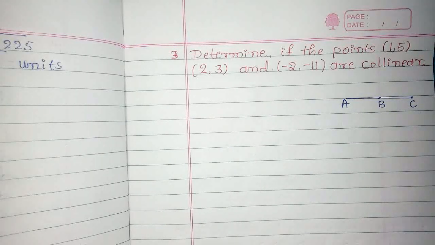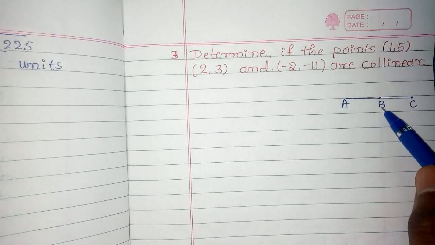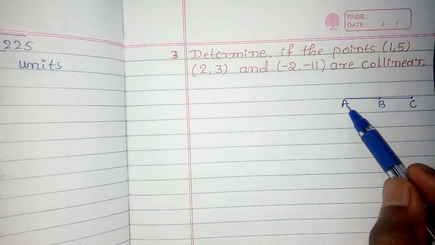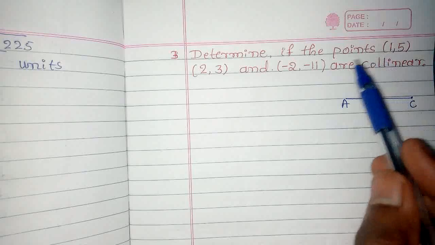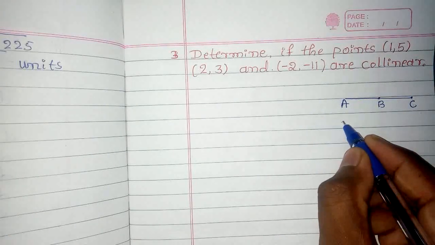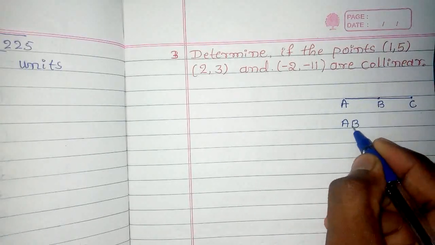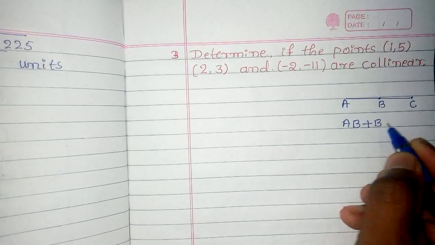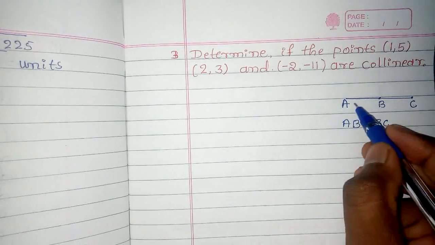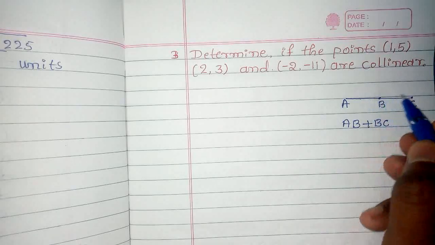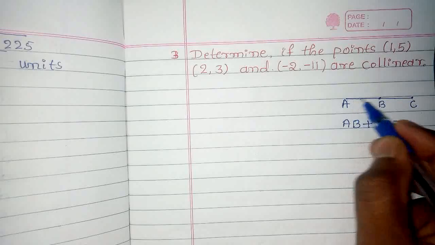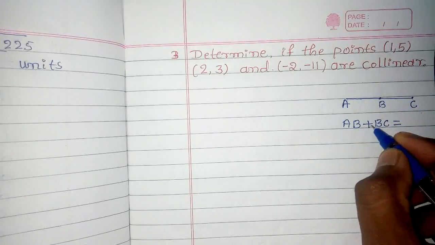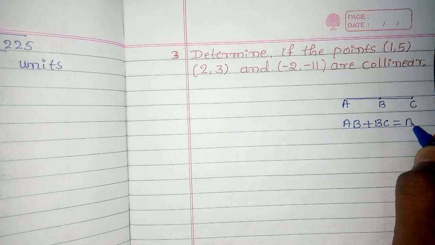If the side AB plus BC is equal to the whole side AC, then only the given points are collinear. That is, AB plus BC, the sum of these two sides, is equal to the whole side. Which is the whole side? AC is the whole side. AB plus BC is equal to AC.